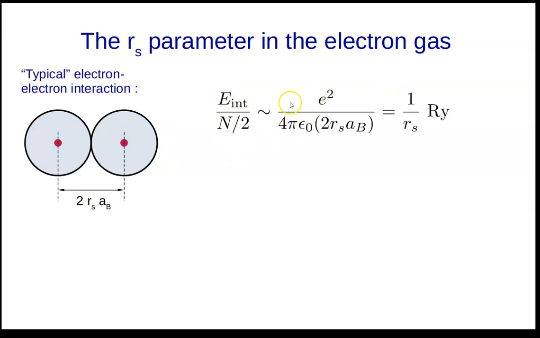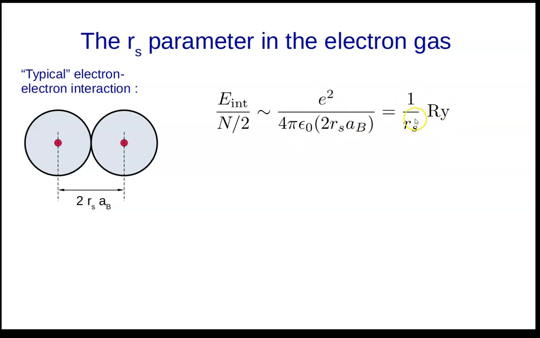And notice that this goes as 1 over Rs. This is 1 over Rs in Rydbergs, right? So this is 1 Rydberg, so 1 over Rs times 13.6 electron volts.